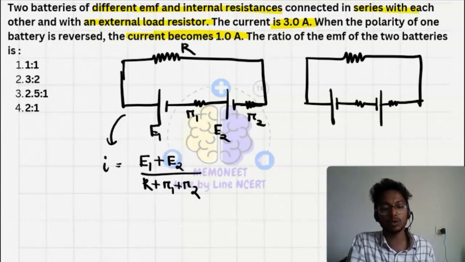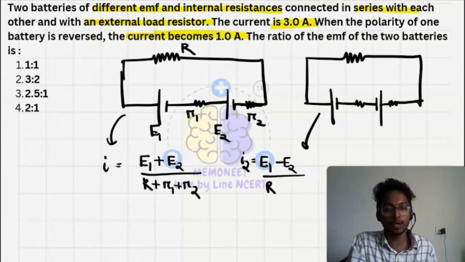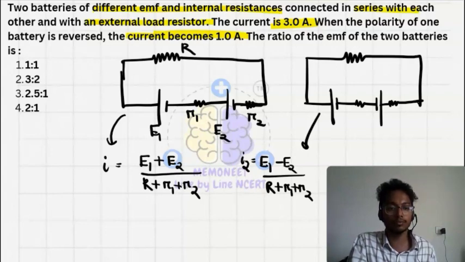For the reversed circuit, I2 is equal to E1 minus E2 upon R plus R1 plus R2. So we have I1 upon I2, the ratio, which is 3 upon 1, equal to this.